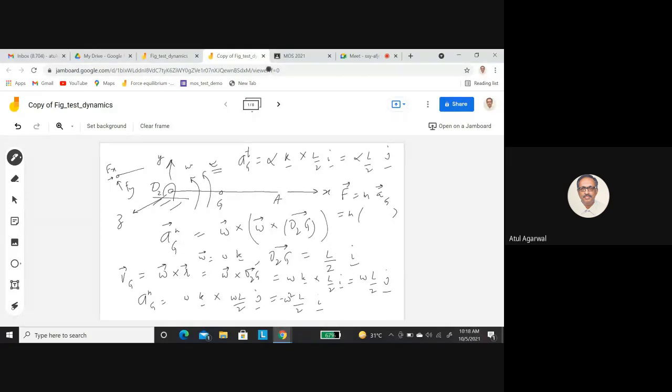So there must be some moment also applied to the rod. You see, the support cannot cause a moment about point O2. Whatever the forces on the rod at point O2, they will not cause any net moment on the rod. So it means there is some motor which is turning this rod.